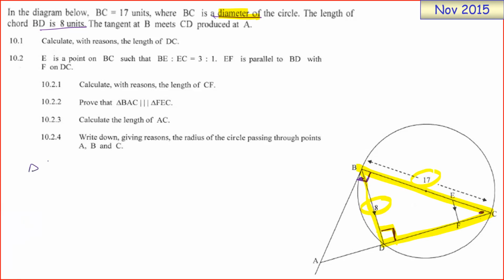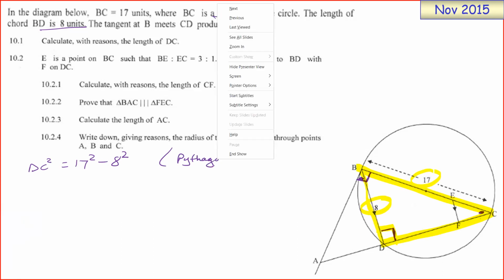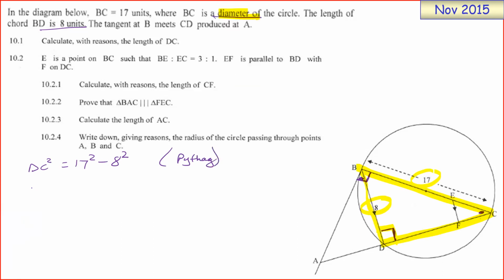So we should be saying DC squared is equal to 17 squared minus 8 squared, with a lovely reason called Pythagoras. And then from there, you can use your calculator. You got 15. Well done. So how long is DC? 15 units. That was the easy part, all right?